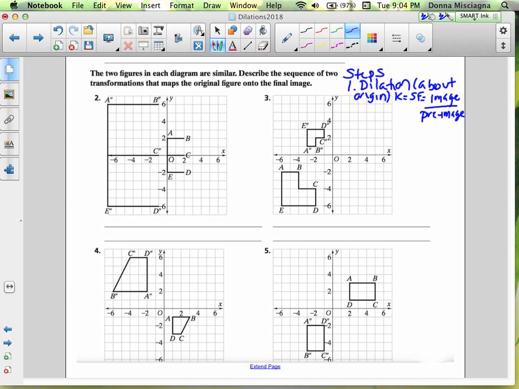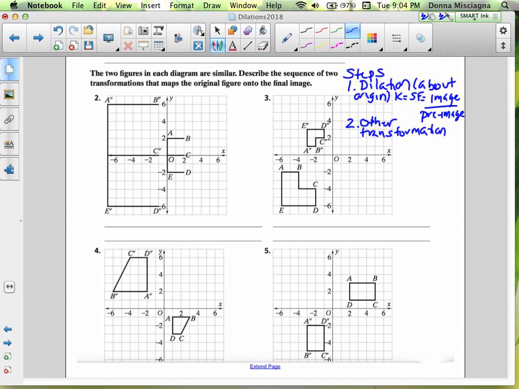Once you've done the dilation, then you can figure out other transformations. Right? And which transformation it'll be will depend upon whether your pre-image and image are facing the same direction, are they turned, are they reflections, etc.